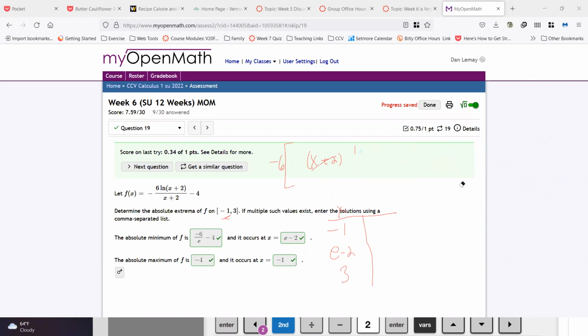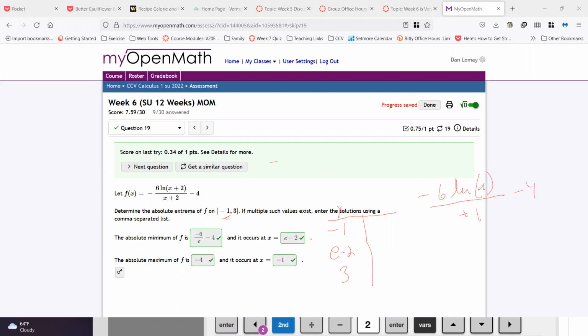I tried to do it with a calculator, and I didn't get full credit here because it didn't like that value. So I'm going to drop in negative 1 to that function. So negative 6 times the natural log of negative 1 plus 2, which is 1, all over negative 1 plus 2, which is positive 1, minus 4.